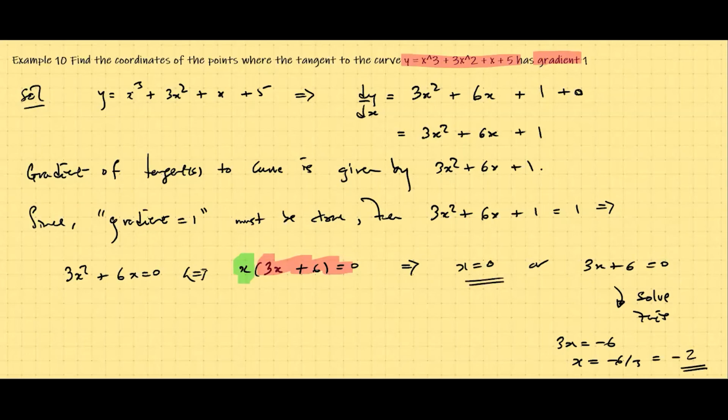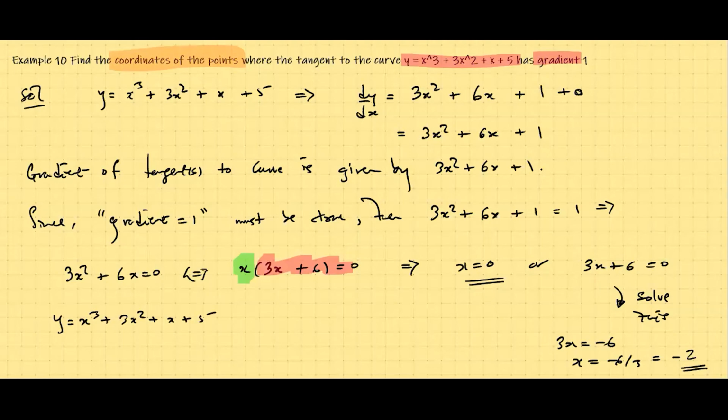Now, since we actually want points, let's make that very clear. We want the coordinates of points. The x value alone is not good enough, but it helps us work out the coordinates. We know that y equals x cubed plus 3x squared plus x plus 5.